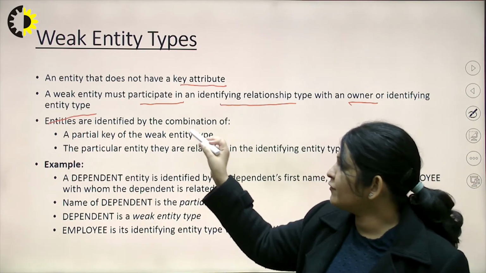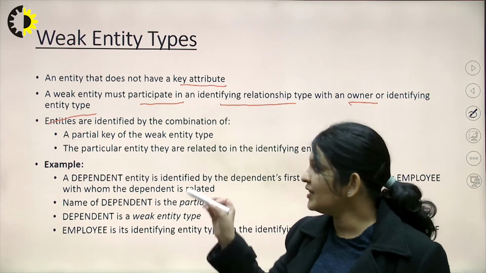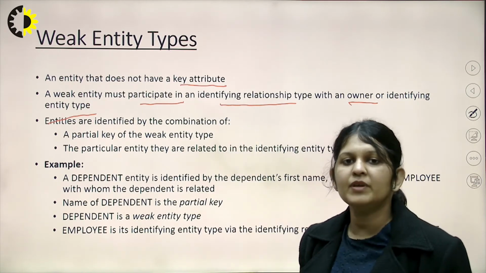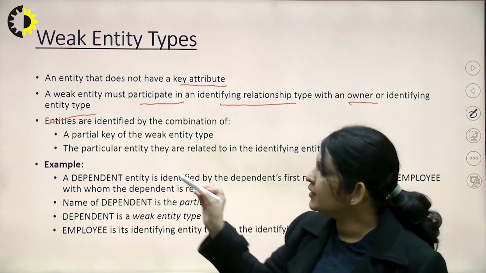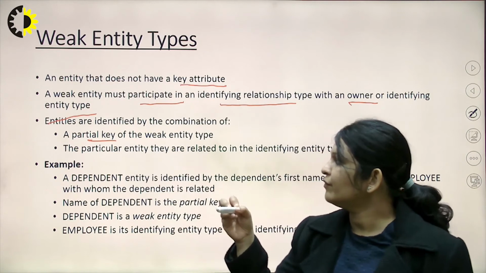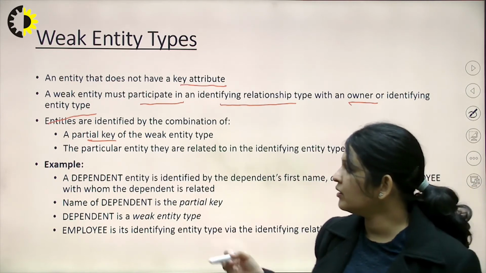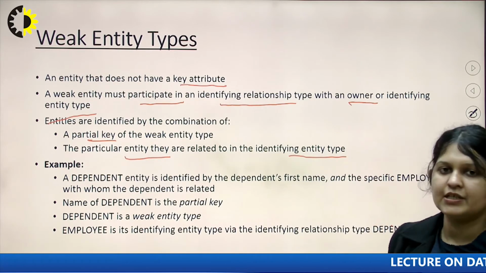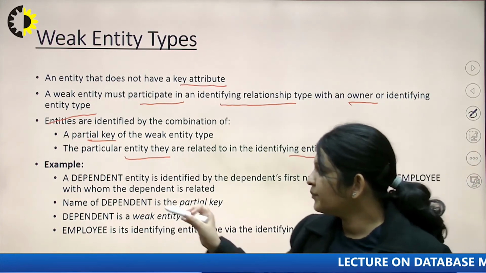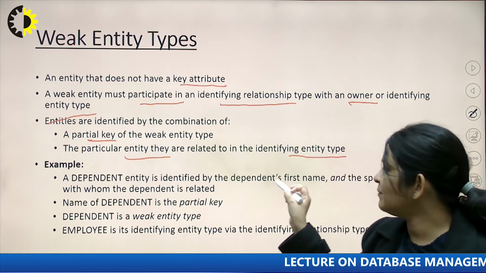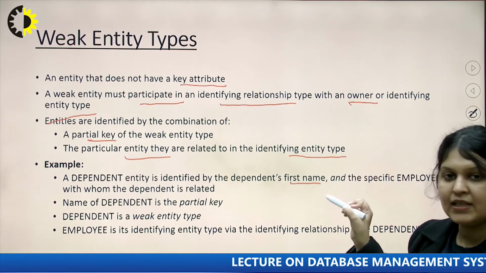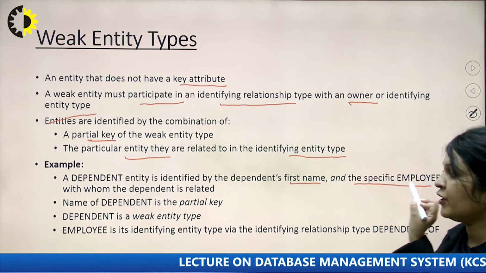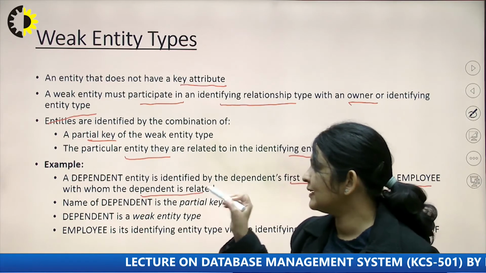Such entities would be uniquely identified using a partial key of the weak entity type combined with the particular entity that they are related to in the identifying entity type. Example, a dependent entity is identified by the dependent's first name plus the specific employee with whom the dependent is related.